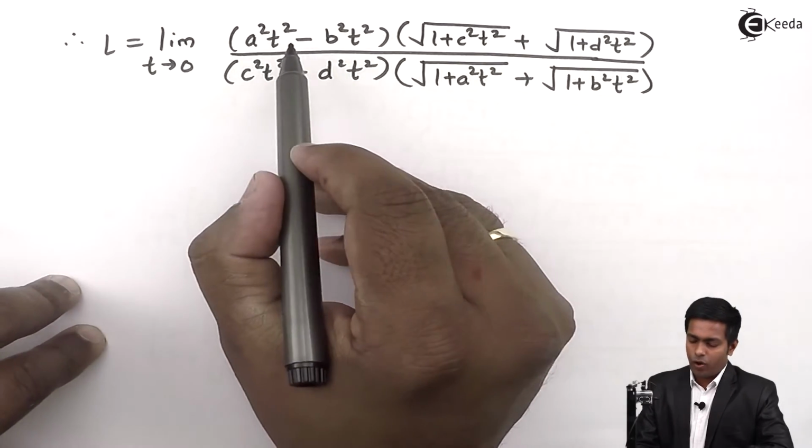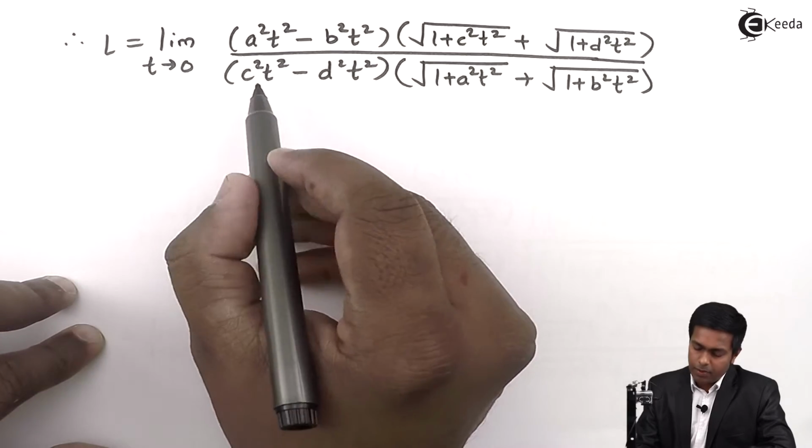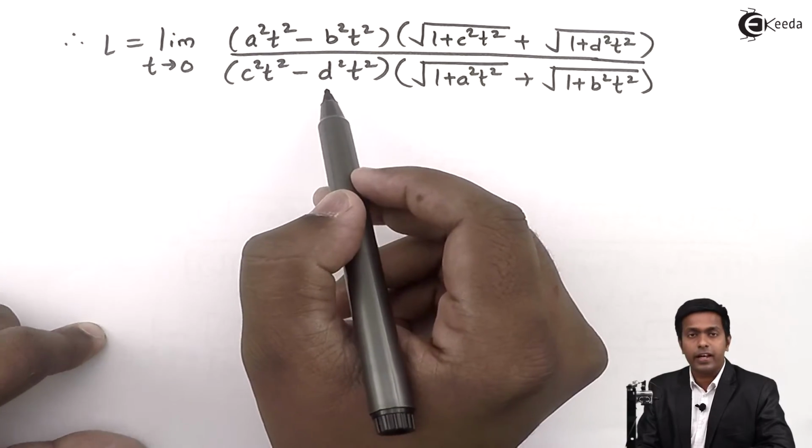Now from this term we can take t square common. Similarly from the denominator, from the first term we can take t square common.